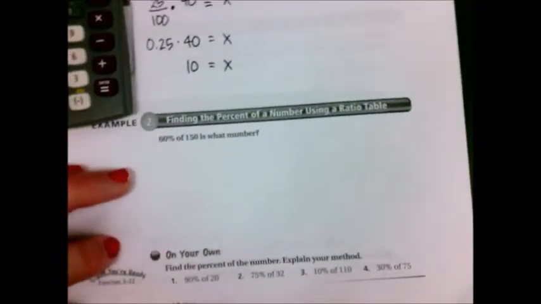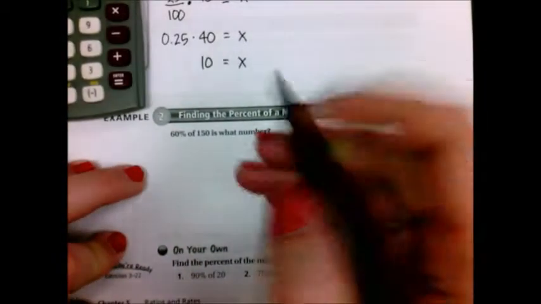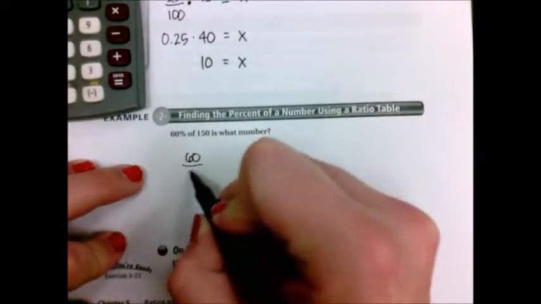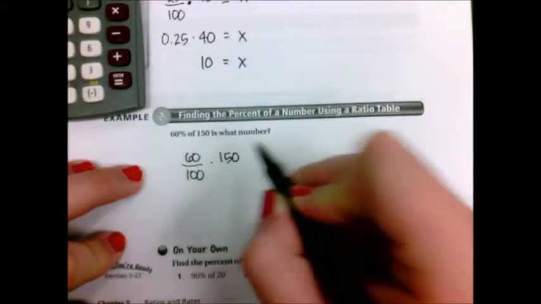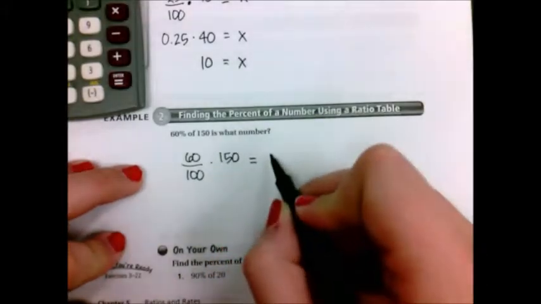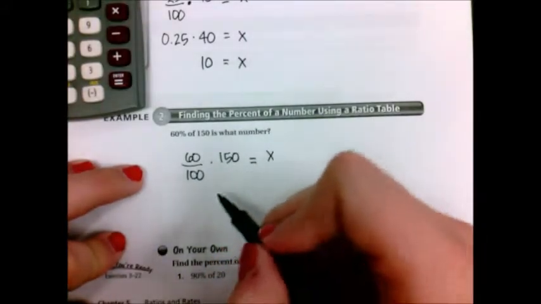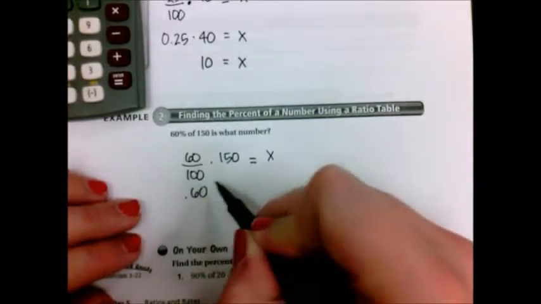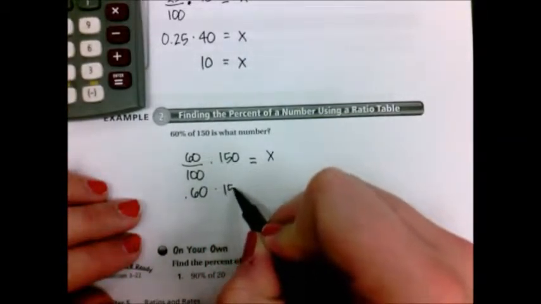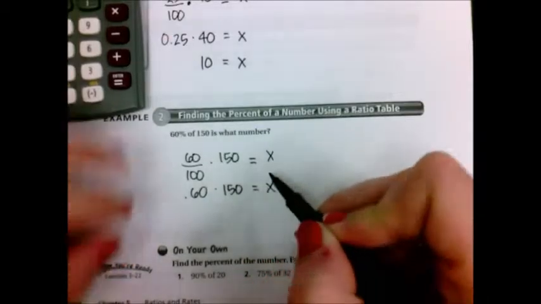We'll come down and look at example 2. 60% of 150 is what number? We'll solve it in the same way. 60 divided by 100 is 0.60. Then we're multiplying by 150.